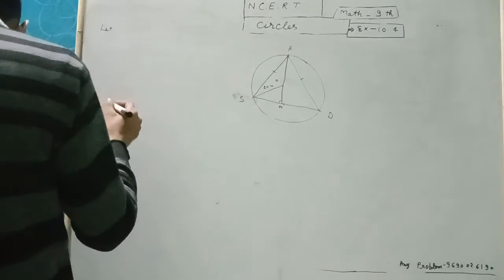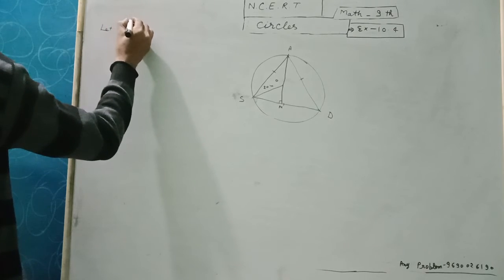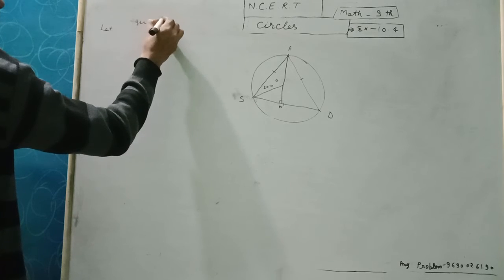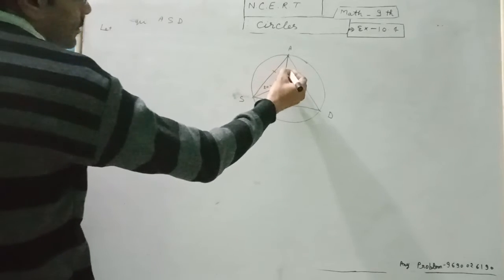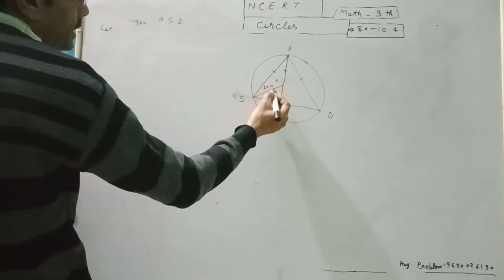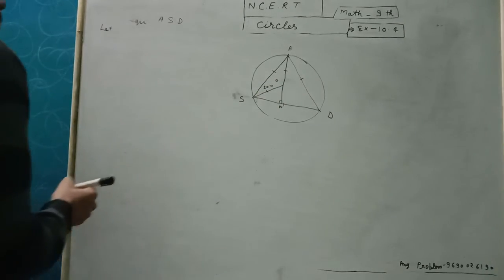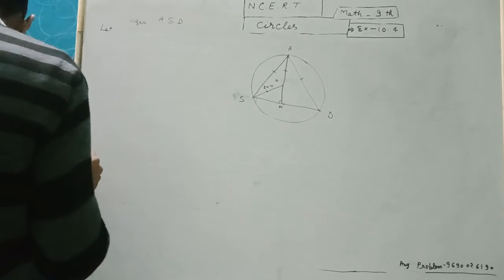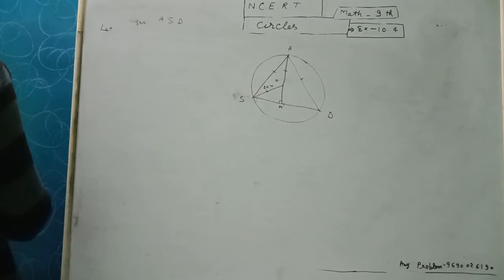Let the equilateral triangle be ASD. OA is equal to OS, both radii of the circle, equal to 20 meter. We find the distance between each.